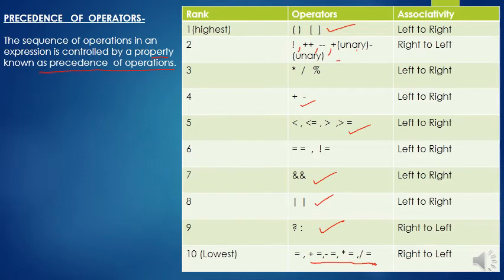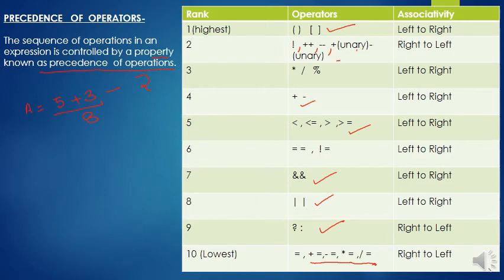So children, see here, if I am writing an expression, A is equal to 5 plus 3 minus 2. So in this statement, the operator plus is evaluated first. Operator plus means 5 plus 3 is equal to 8.